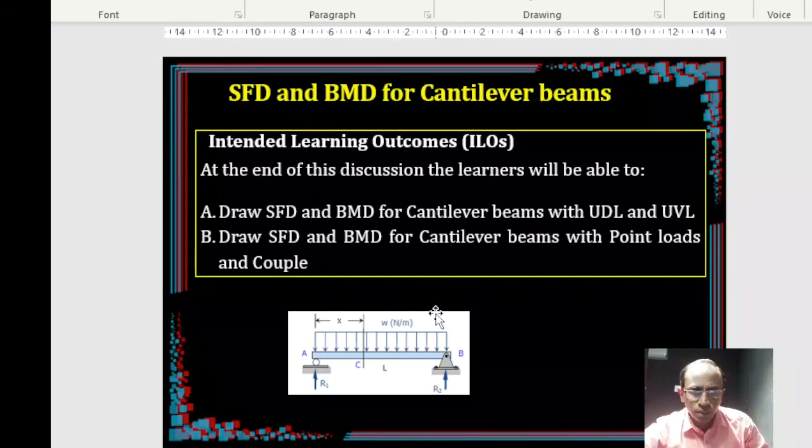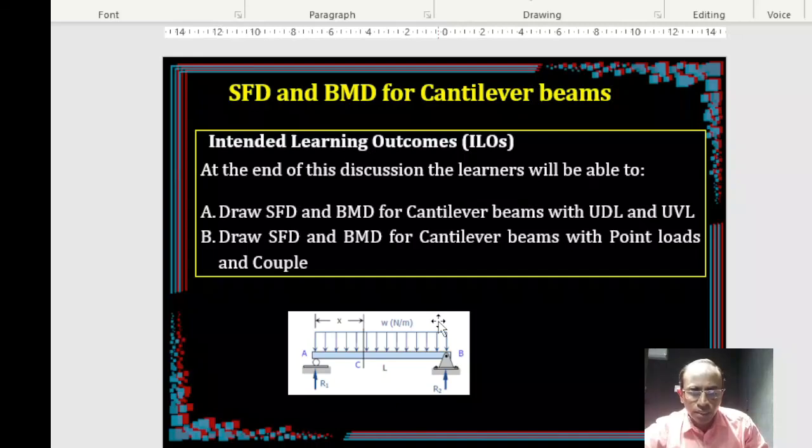cantilever beams. Basically, there are two different concepts we will be using for the construction of the shear force and bending moment diagram. One is a quite systematic process called the method of sections.